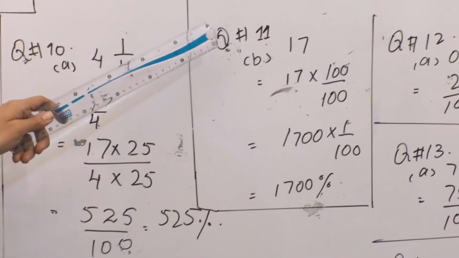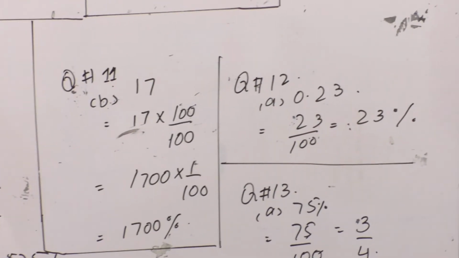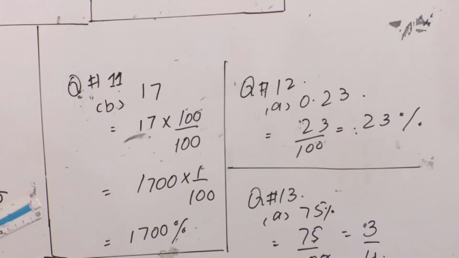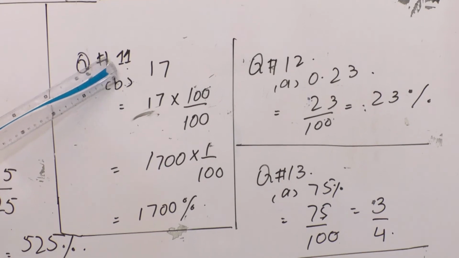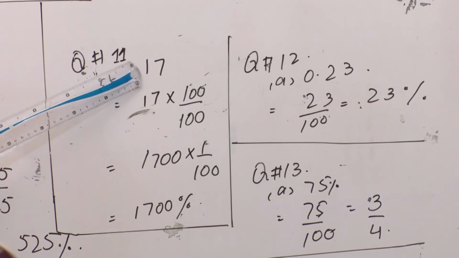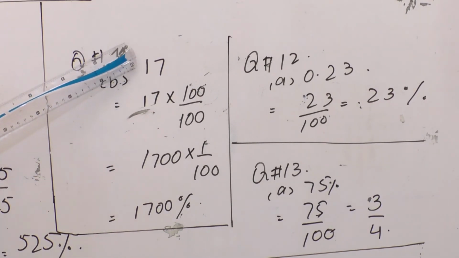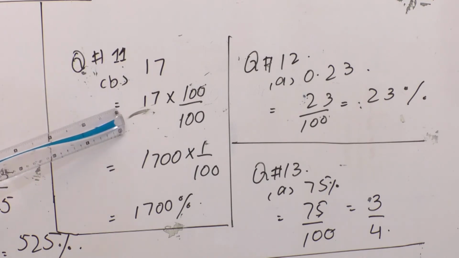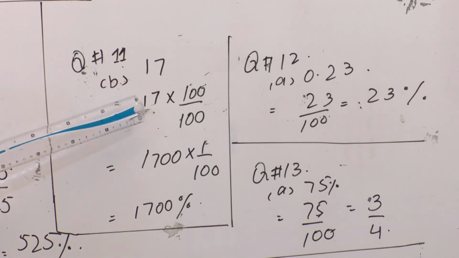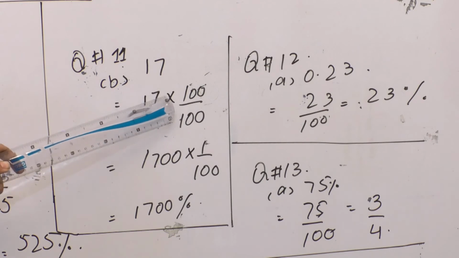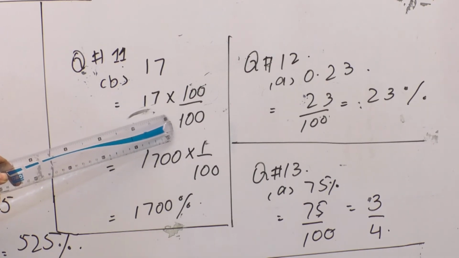Question number 11. The question is, change these into percentages. Here we are given the value 17. We have to convert it into a percentage. Students, what we need to do is 17 multiplied by 1 by 100.